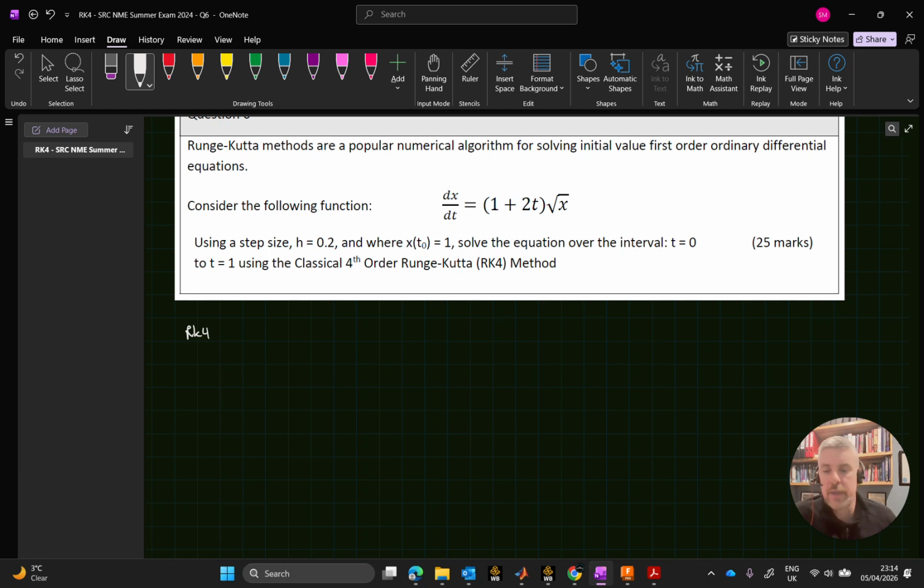Incidentally, this question, question 6, is a problem I believe was taken from this book here, Numerical Methods for Engineers by Stephen Chapra, an absolutely brilliant book and full of fantastic examples such as this one. There are worked solutions throughout the book, and this one I believe was in the problems at the end of the chapter on the Runge Kutta methods, which I believe was chapter 25.